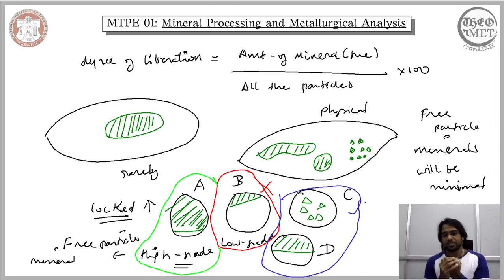The purpose of distinguishing them is that the high grade locked particles can be treated as free mineral particles, exclusively as mineral, and the low grade particles can be treated as gangue particles exclusively.